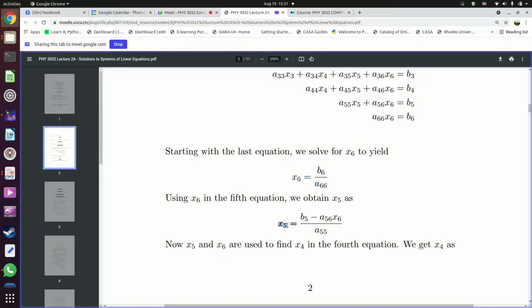Your x5. For x5, in this particular case, you notice the following. Your b has got a 5. Your a's have got 5 5. Then next comes this coefficient, the a coefficient. The a coefficient will have the same number as this one, the 5.